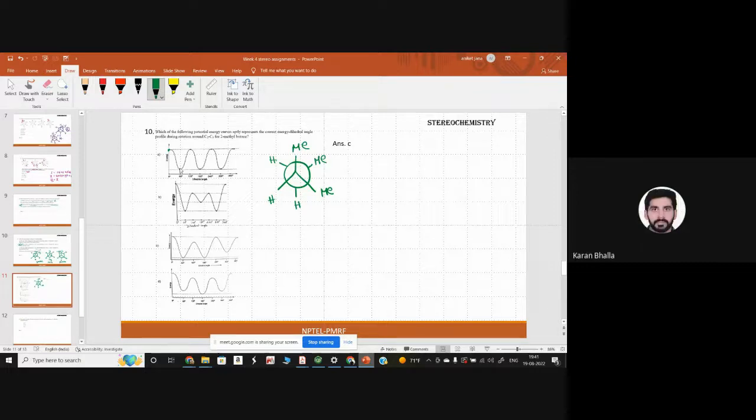So this one is of lower energy, so it is staggered. We cannot say anti or anything, we can say staggered. Okay, sir. Yes, and this is again eclipsed, staggered, eclipsed, staggered, eclipsed.